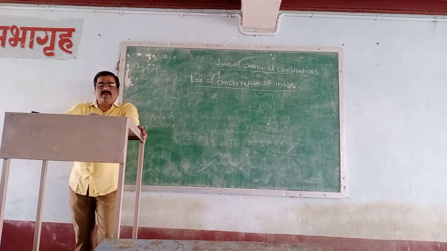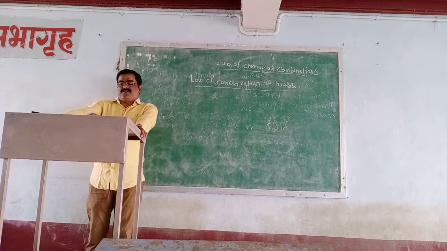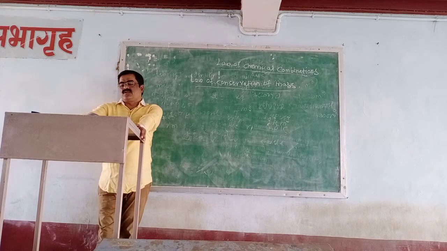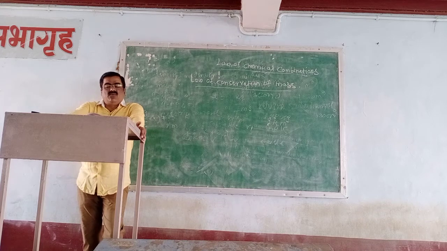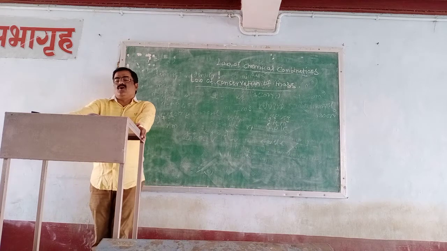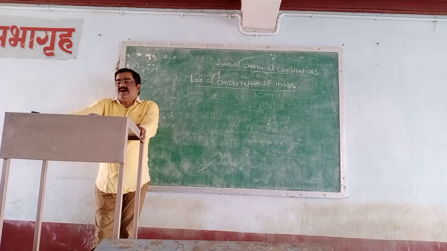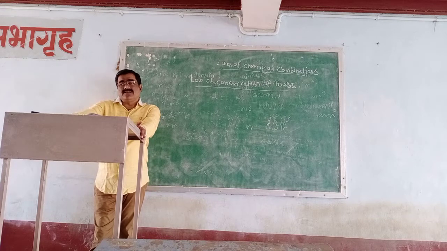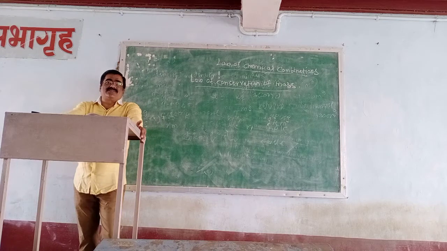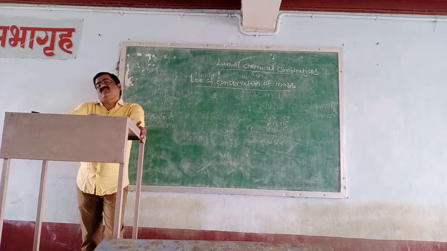He carefully performed many combustion experiments, namely the burning of the phosphorus and mercury. Both in the presence of air, both resulted in an increase in weight. After several experiments, he found that the weight gained by the phosphorus was exactly the same as the weight lost by the air. That means he observed that the total mass of the reactants is equal to the total mass of the products.